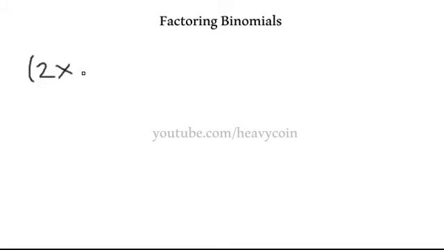I got a good one for you. 2x minus 1 cubed minus x plus 5 cubed. So we have the difference here once again of two cubes. So we're going to use the formula.